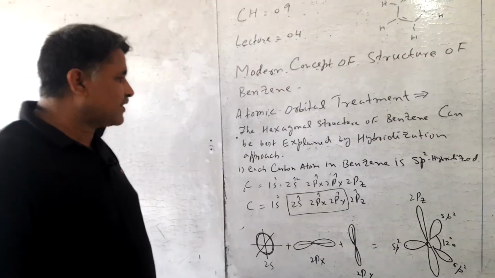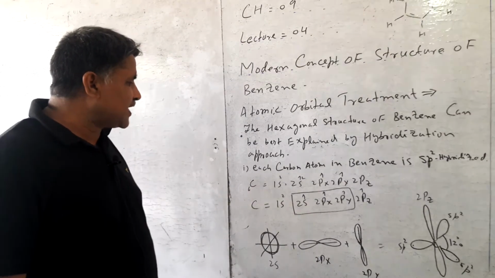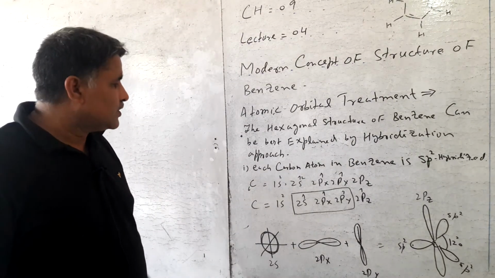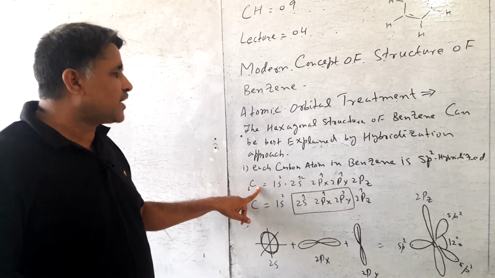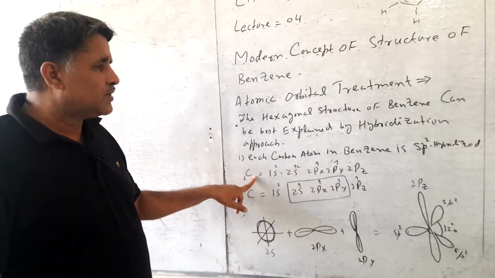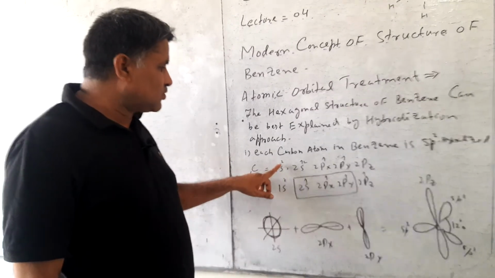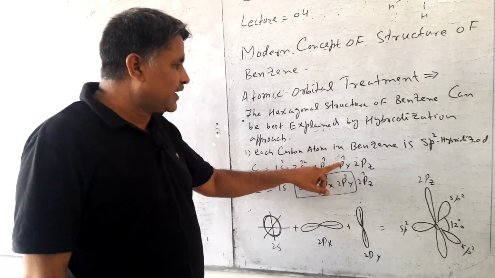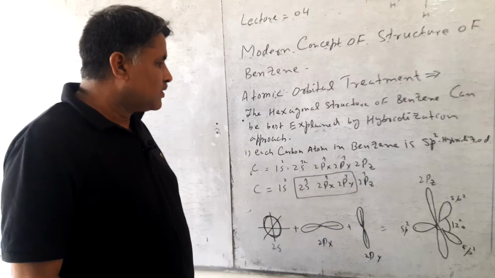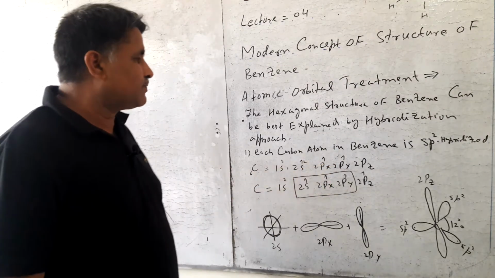Now we consider the electronic configuration of carbon. Carbon is the 6th element of the periodic table. Its atomic number is 6. Its normal, ground state electronic configuration is 1s2, 2s2, 2px, 2py, 2pz. Now 2px and 2py are half-filled.